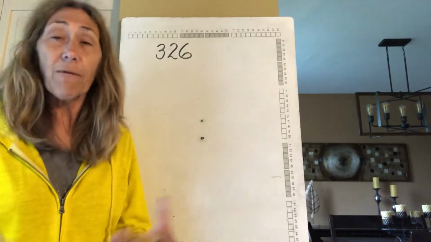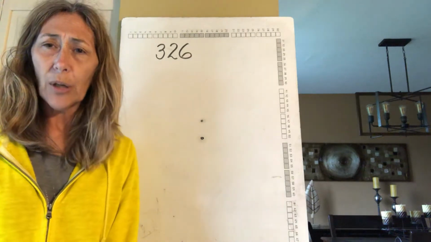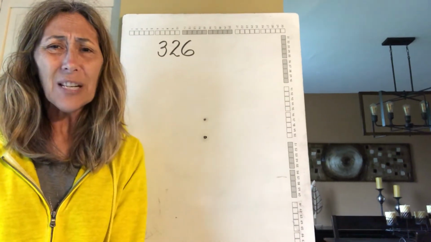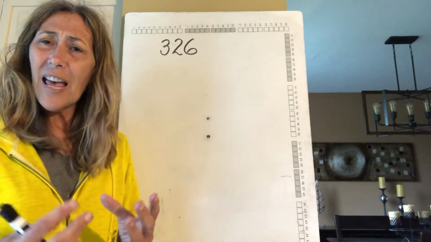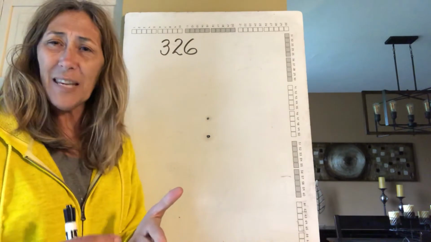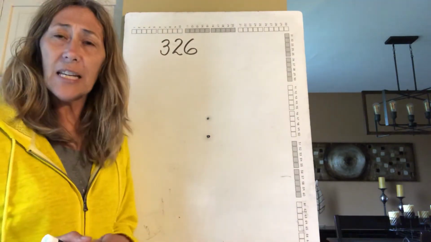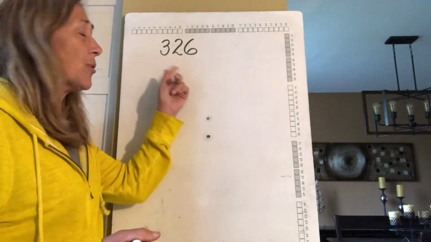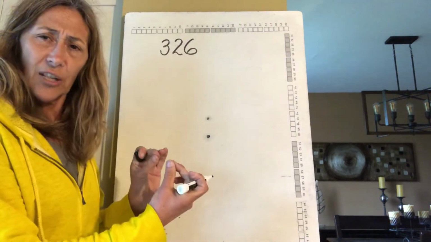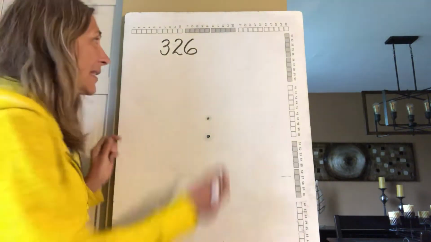Then we introduced fractions. Fractions were equal parts of a whole or a group. And now we're talking about decimals, and decimals are similar to fractions, as in they are part of a whole or a fractional piece. And all of this stems back to place value. In my number 326, each digit is in a certain place.